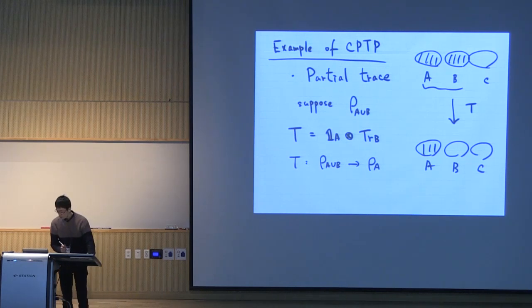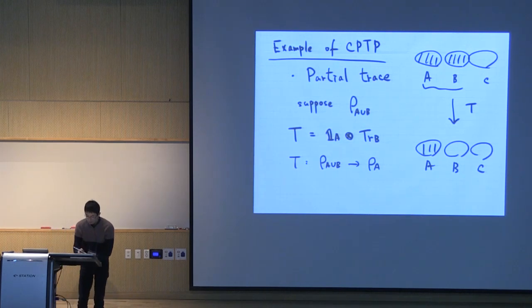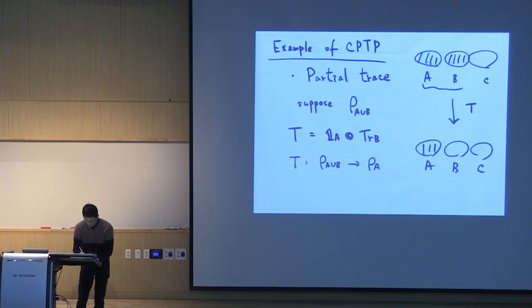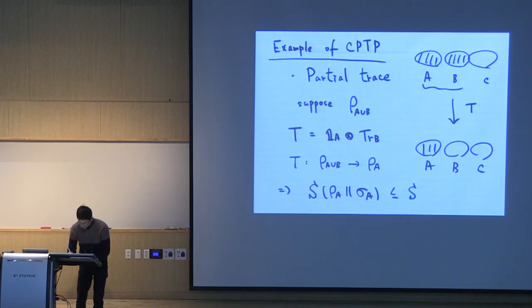So this is called a partial trace, and of course it is an example of a CPTP operation. In such a partial trace, the relative entropy is also monotonically decreasing. Sorry, this is sigma.